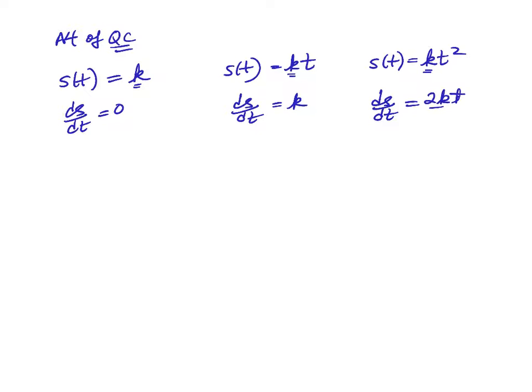In general, if I have a function s of t equals k times t to the nth power, the rule for differentiating a power function is you multiply by the constant, which jumps down in front, and then you reduce the power by 1.